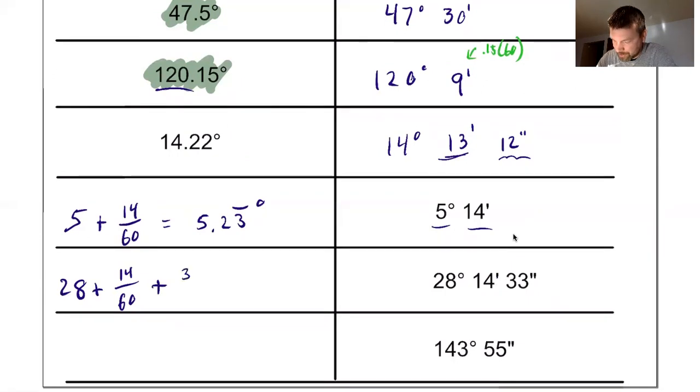I'm not going to add 33 over 60 because that would be like adding 33 more minutes. That's not minutes, that's seconds. In a degree, there are 3,600 seconds in a degree, just like there are 3,600 seconds in an hour. So I'm going to add 33 3600ths. 28 plus 14/60ths of a degree plus 33 3600ths of a degree is 28.2425 degrees.